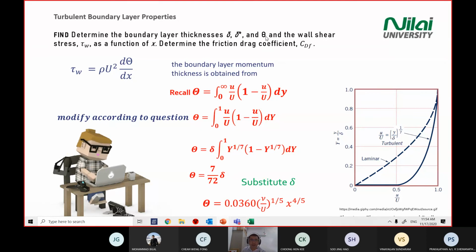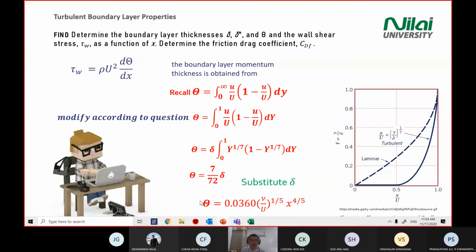So you are able to find the momentum thickness, 0.360, this term. So this question can be further modified to ask you to compare the boundary thickness of these three. What is the difference between these three? Yeah, so just to give you some idea how your final exam can be modified from here.